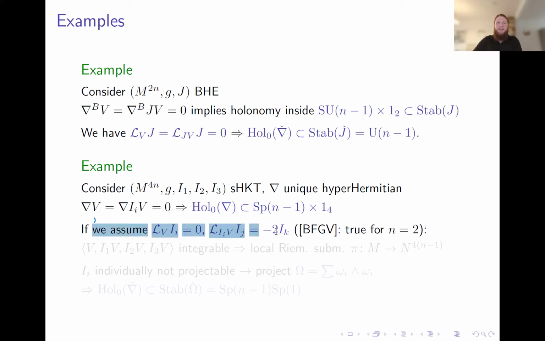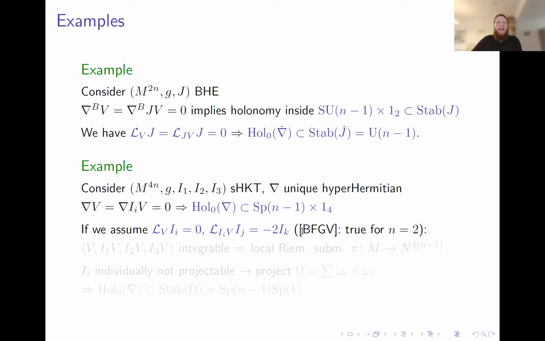So I want to assume this thing, which is called conical in some sense. So the complex structures are all preserved under this vector field V, and the vector fields I1V, I2V, and so on, rotate the complex structures. So I1V rotates I2 to I3, and so on.